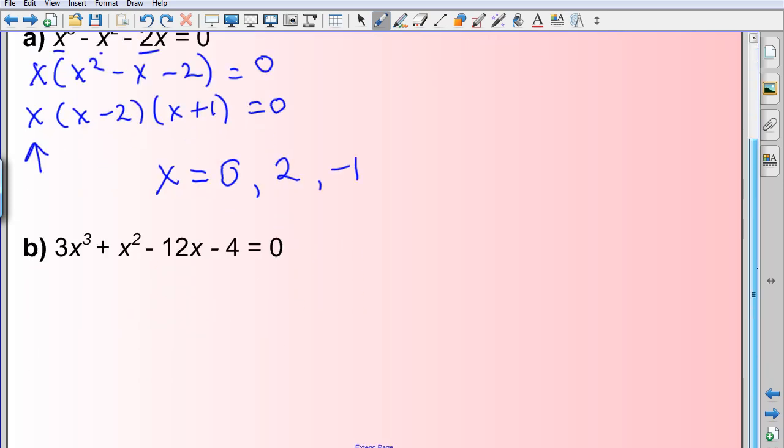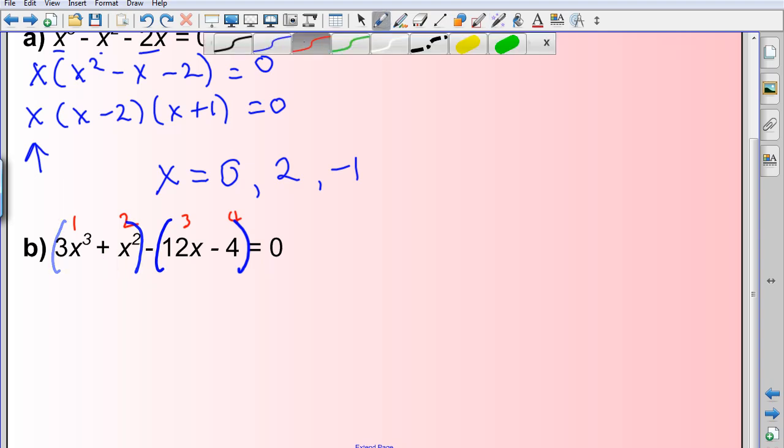Our second example has 4 terms on the left-hand side. 1, 2, 3, 4. This is a special type of polynomial. We do once again look for common factoring, but we don't see any. So because there are 4 terms here, or an even number, maybe we can use the technique of grouping. And what grouping allows us to do is to look at these on a smaller scale.